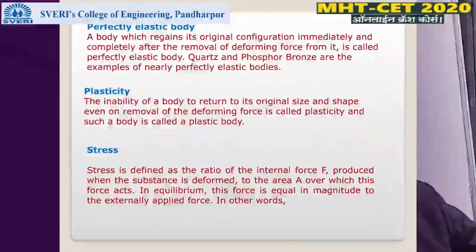Elasticity and elastic body we are now discussing, but what is meant by perfectly elastic body? So there is a difference. Perfectly elastic body means a body which regains its original configuration immediately and completely after the removal of deforming force from it.